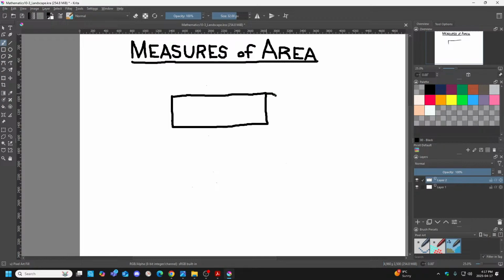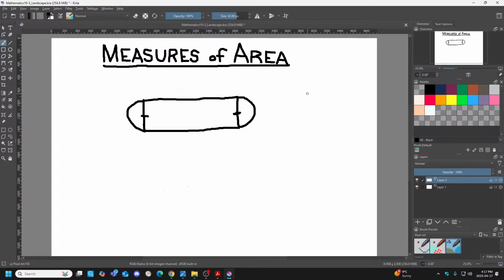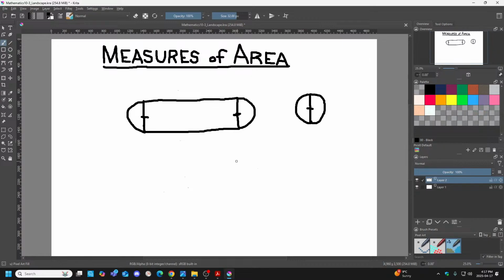There we go. We have 2 half circles. 2 semicircles equals 1 full circle. This part's just a rectangle. You can see that. I believe in you.